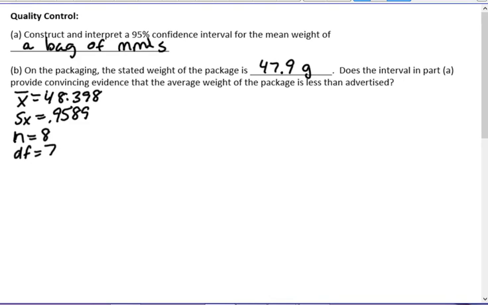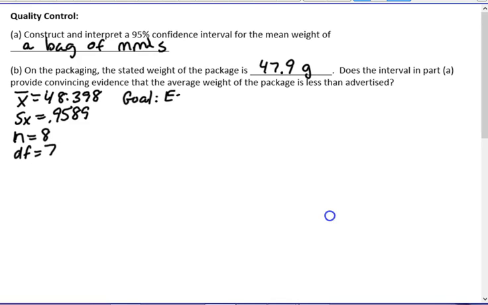And I do want to stop and do my four-step process. So what is my goal? Well, it says, does the interval provide convincing evidence that the average weight of the package is less than advertised? So I'm going to want to make an estimate of the mean weight of M&Ms using my interval.